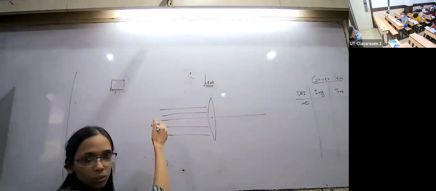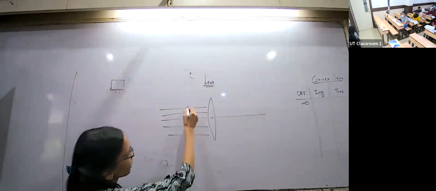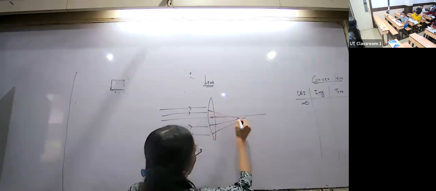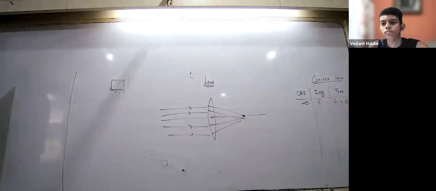I don't have to show the object because object is at infinity, so I cannot show it over here. They will hit parallelly and meet at one point. So image is formed at which point? Focus. And what is the type of image? Real, and is it enlarged or diminished? Diminished.